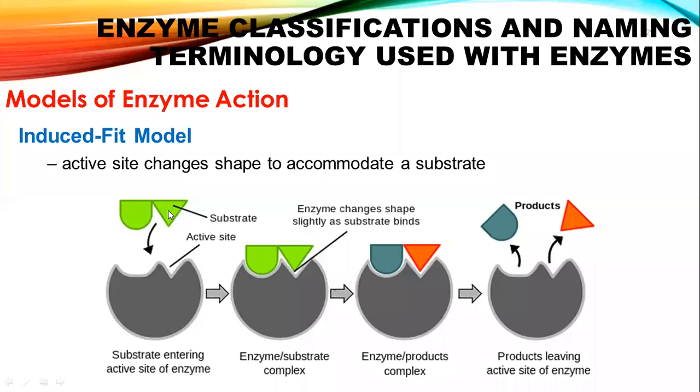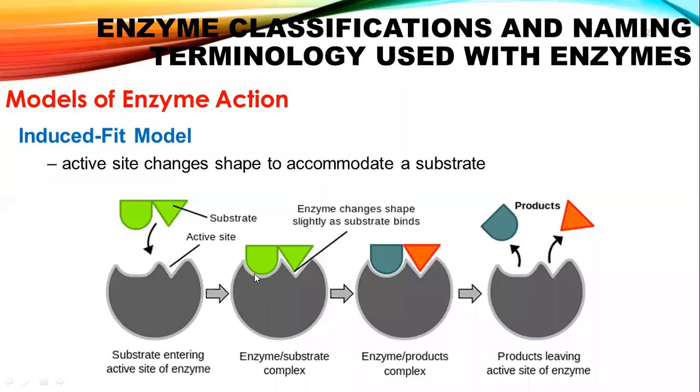You notice that when the substrate and the active site form a complex, the shape of your enzyme is slightly altered. For example here, its curve is only slightly changed. When it binds with your substrate, it is formed similar to the shape of your substrate.